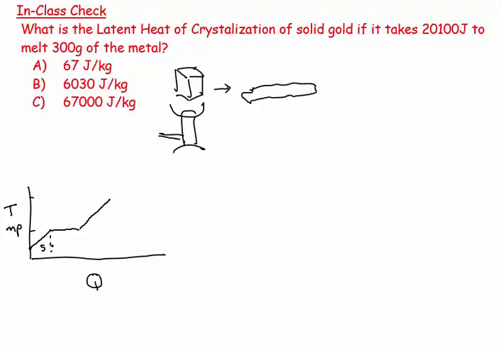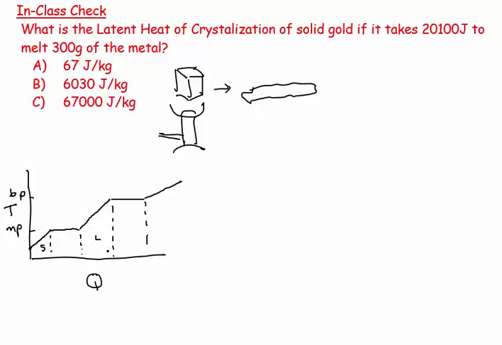So this is the solid bit, this is the liquid bit, until it's at its boiling point, and then it vaporizes, and then we get a hotter and hotter vapor. So it's a good pattern to have in mind.